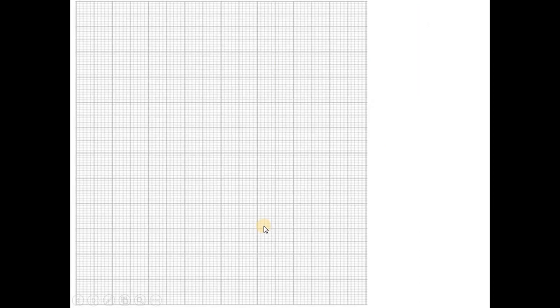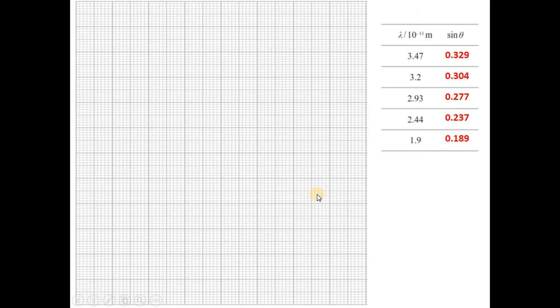So here we have a graph, and these are the values that we have, and we need to plot lambda on the y-axis and sine theta on the x-axis. You need to be careful about selecting the scale on the plot, because you have very small decimal values. It's a matter of practice.